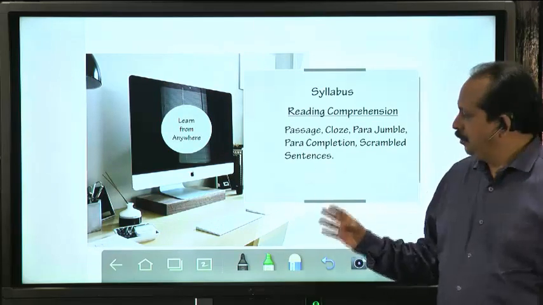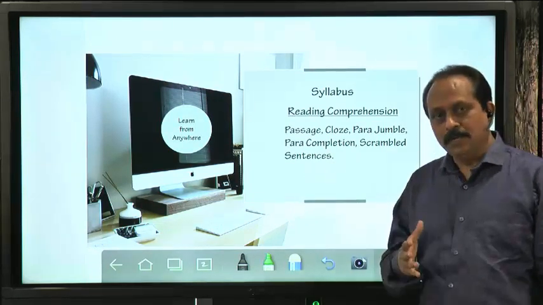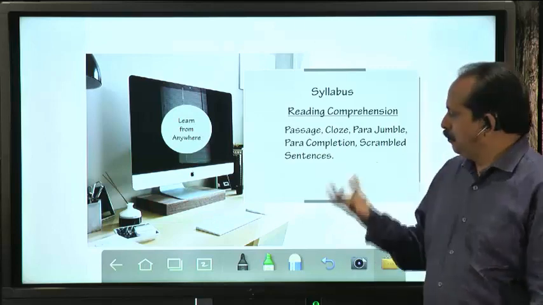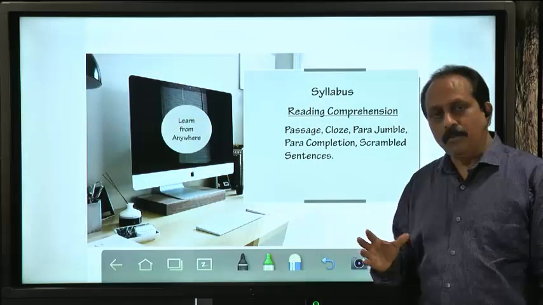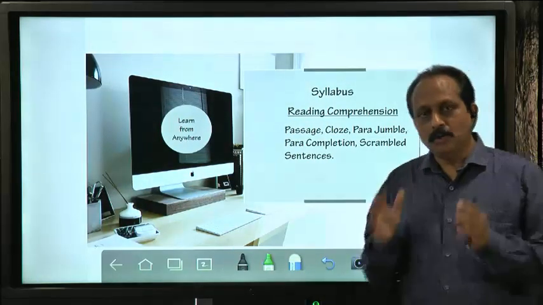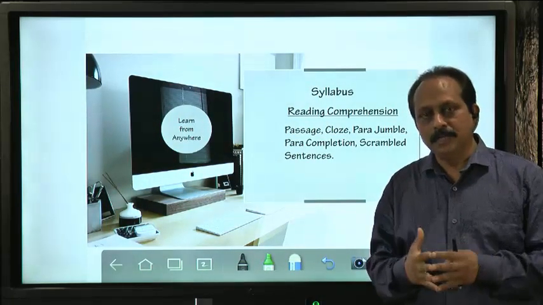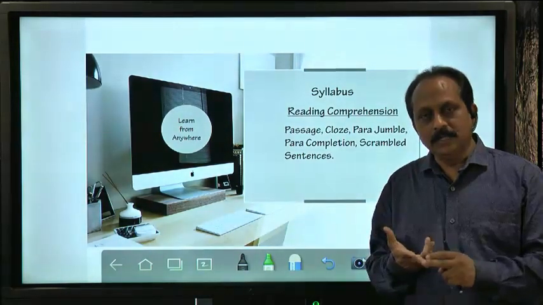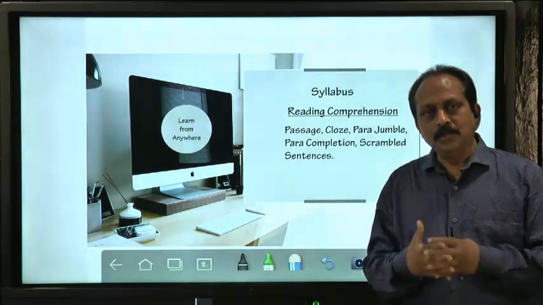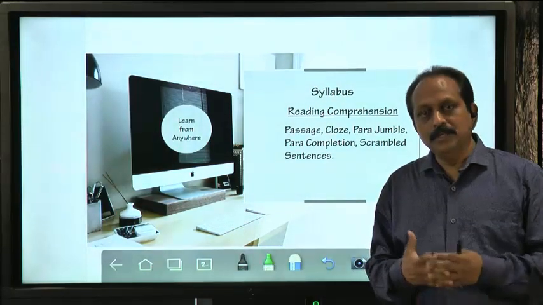Whenever I teach how to read a passage, I bring a few examples, a few passages, or cloze or parajumble, anything that goes with reading comprehension. The focus will be on topics related to the SLEEPS acronym: science and technology, legal, education, economy, polity, and socio-cultural problems. What is the reason, you may ask?